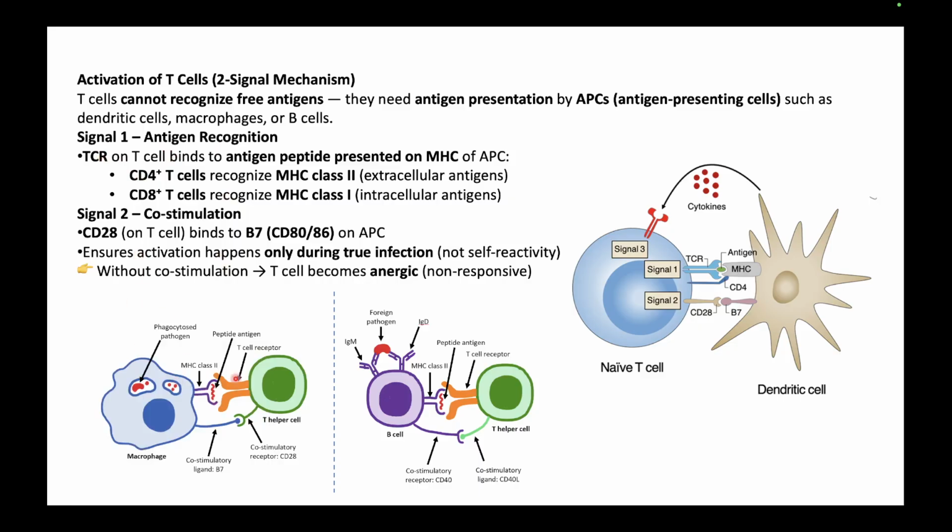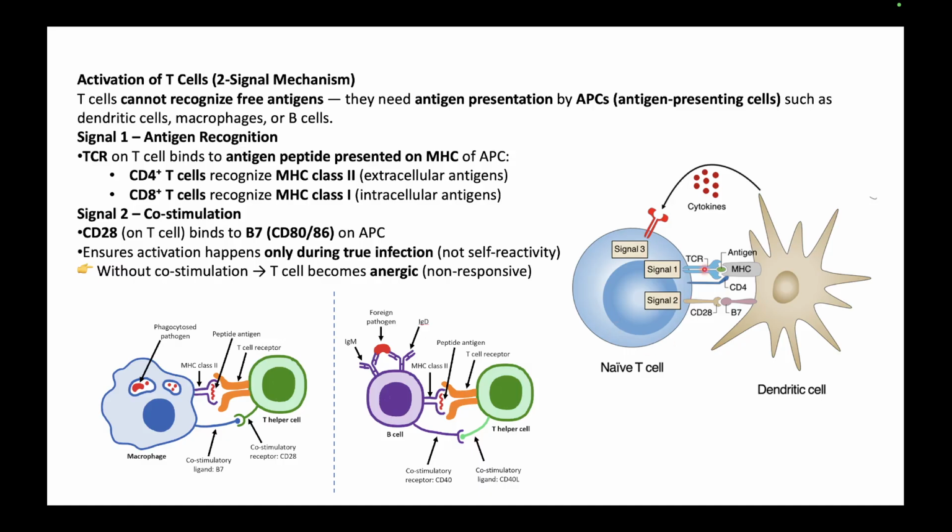You can see this is an antigen presenting cell. It is a dendritic cell. On the surface of this antigen presenting cell, it has an MHC molecule. On top of the MHC, the antigen is loaded, and this antigen can be recognized by the T cells.